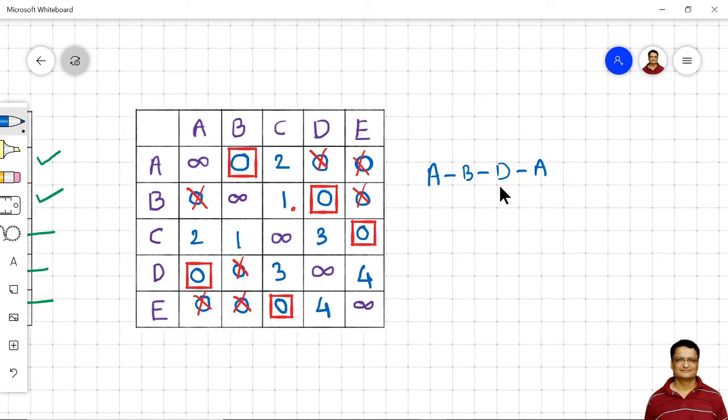He is only visiting two cities and coming back to the original city. So we cannot say that this is the solution for the traveling salesman problem.